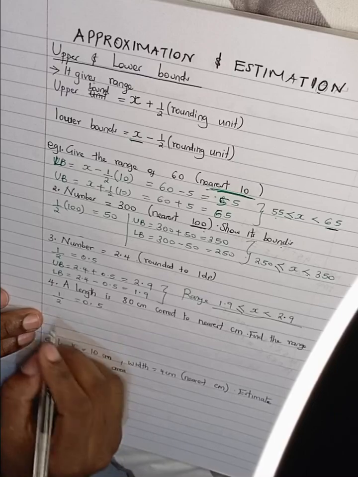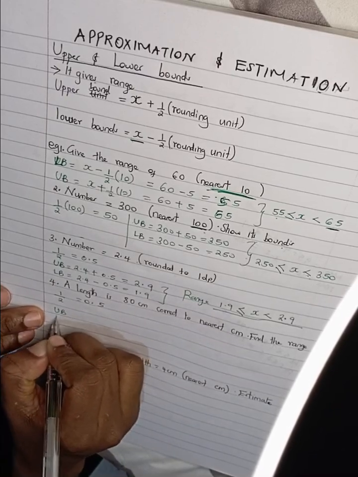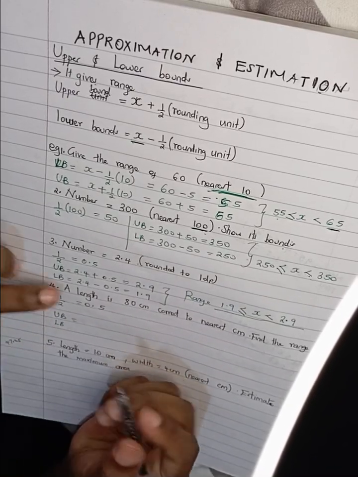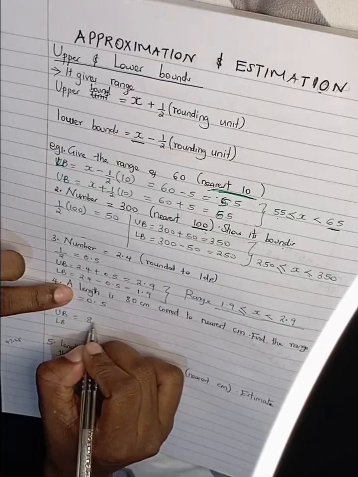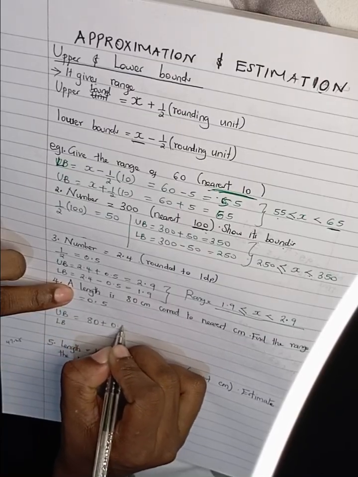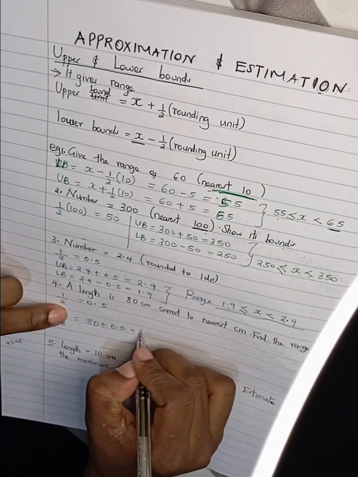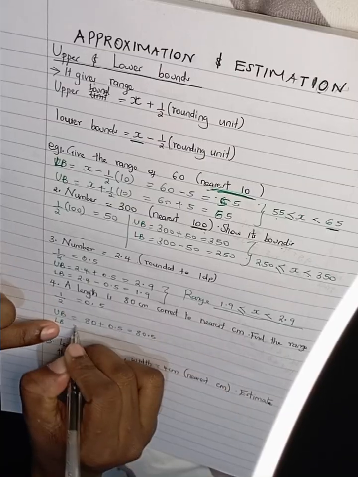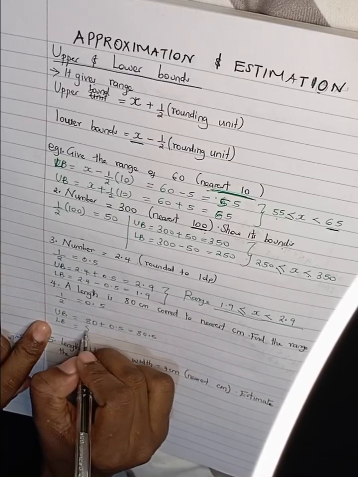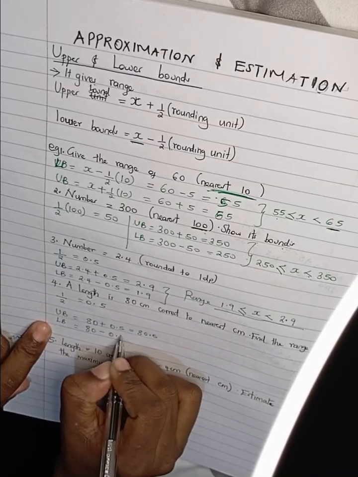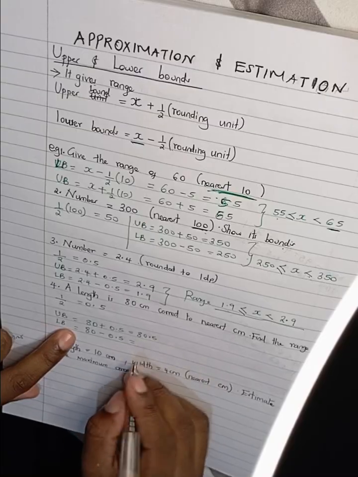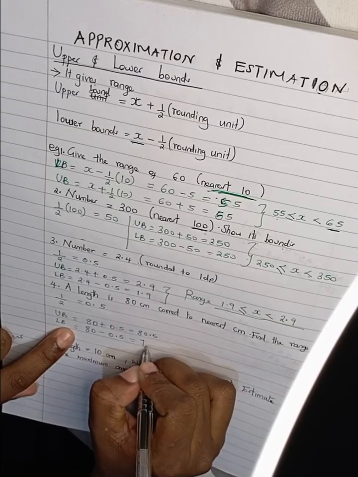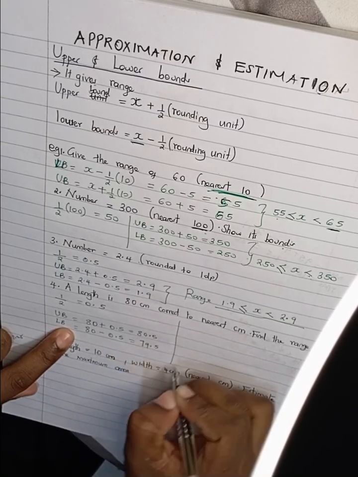To find the range, we have to find the upper bound and lower bound. The upper bound is 80 plus 0.5, which is 80.5, and the lower bound will be 80 minus 0.5, which is 79.5.